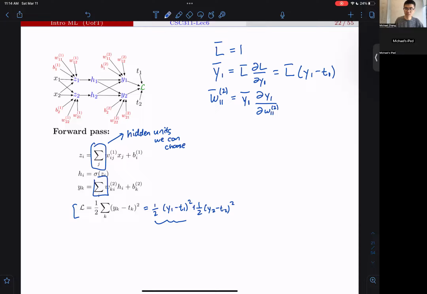And in this case, because y is a linear function of the w's, it's actually just going to be exactly equal to h1. Here the superscripts over the weights and biases correspond to which layer they're part of. So we're using W2 and B2 to denote the connections between the hidden layer and the outputs.